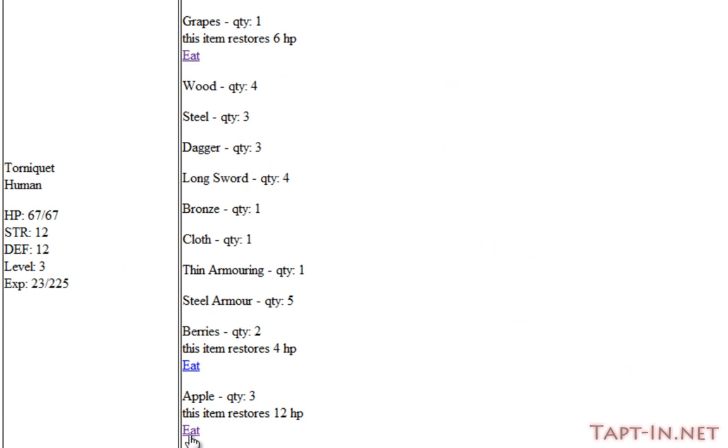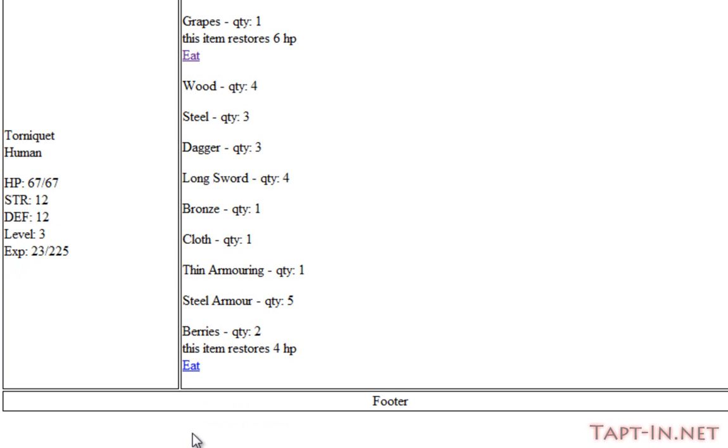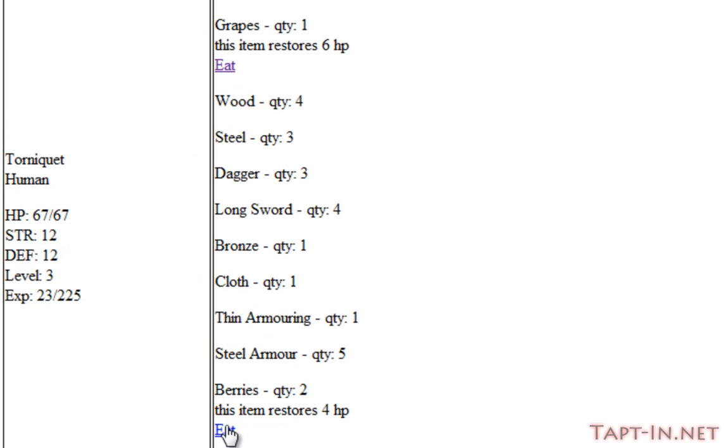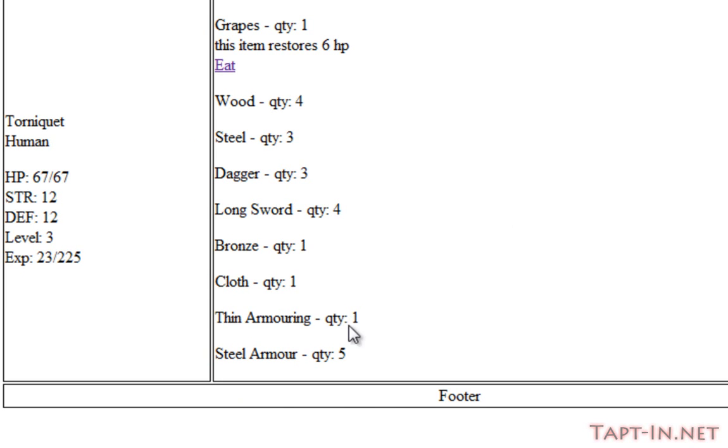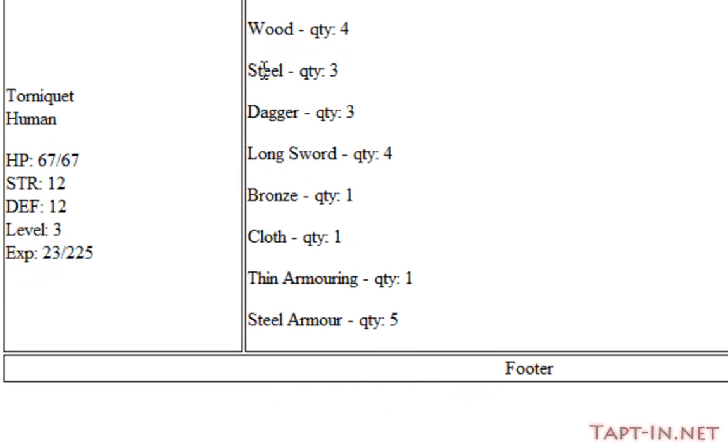Now if I continue to use them, what we should find is apple should be removed from this list. Now, you see, apple has gone. It's no longer in our database. Again, berries, we've got 2, and it's gone. And grapes, remove that.